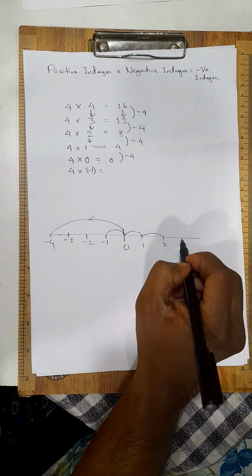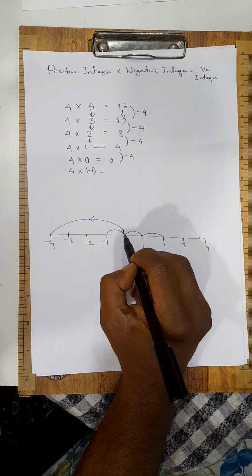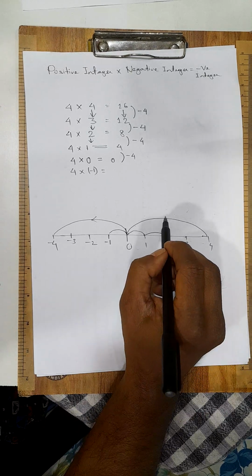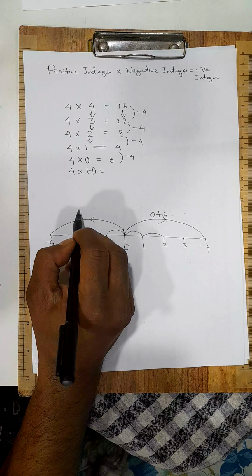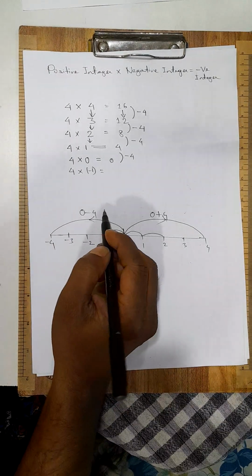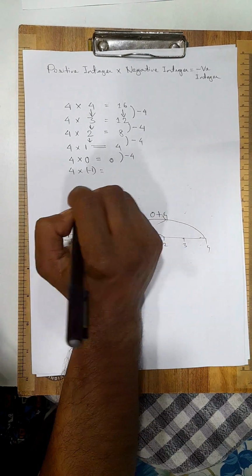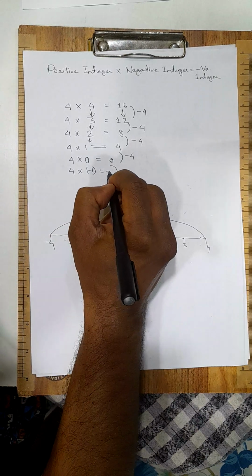What is 0 plus 4? 0 plus 4 means we'll go to the right hand side, that means 4, right? But when we say 0 minus 4, that means we'll go to the left hand side. So 4 minus 4 equal to 0, 0 minus 4, answer is minus 4.